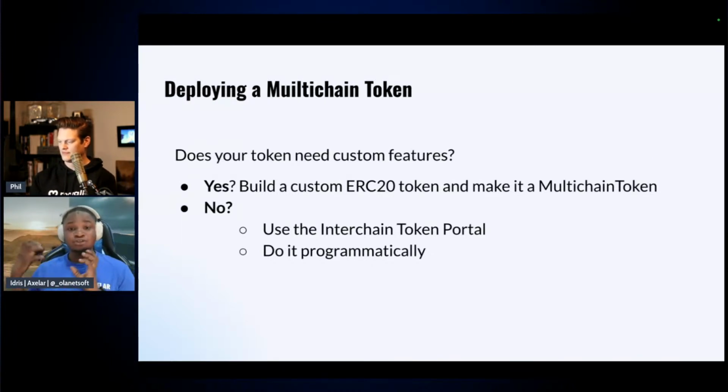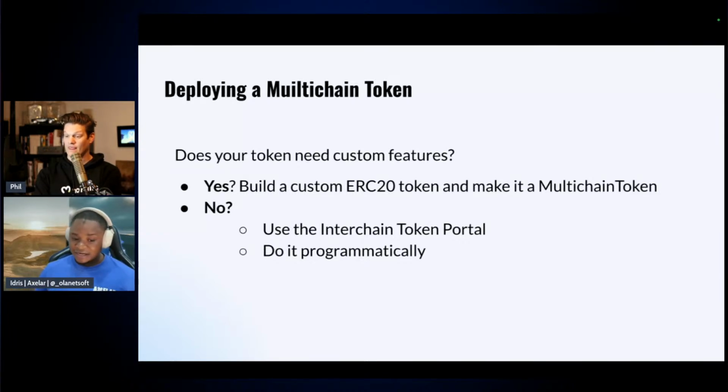That brand new token that you want to create, is there custom functionality attached to it that you want to add? If yes, the first option is you should build your custom token and then make it an interchain token. But if the answer is no, probably you just want to use the very basic or simple ERC-20 token standard, and that's all you want to do.